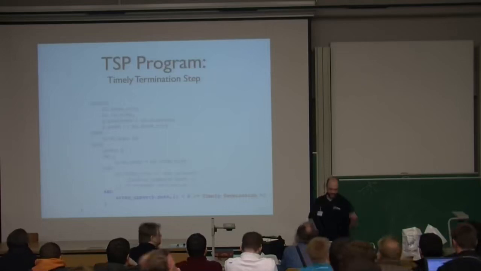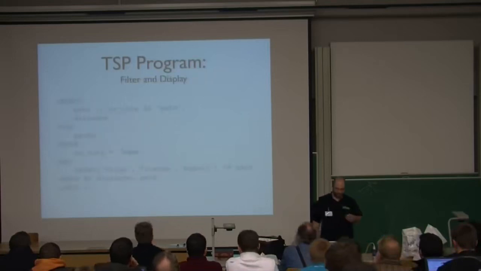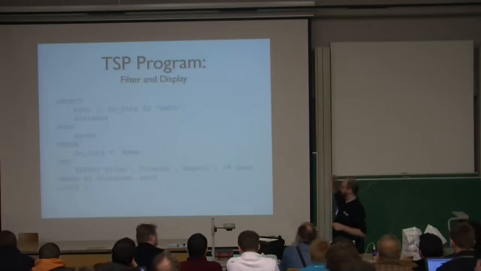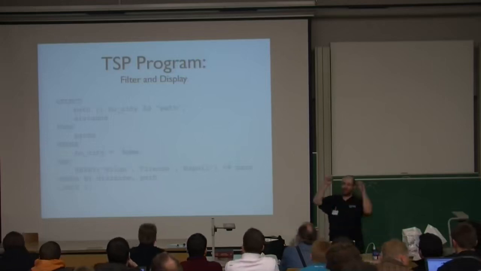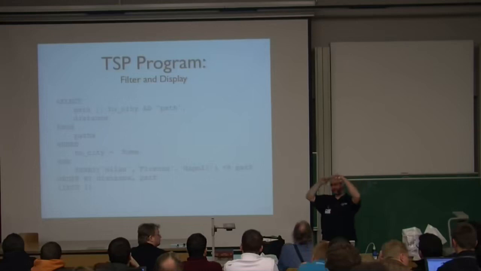Okay, so now that we've got these paths, we'd like to find the final one. We've got all the paths that have Rome as a starting point, are less than 6 long, and don't have Rome in them.